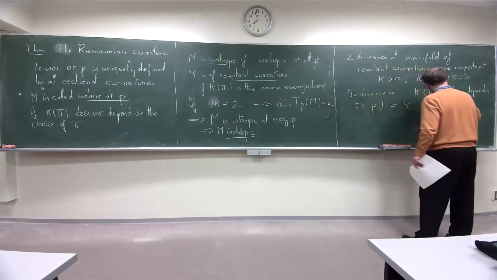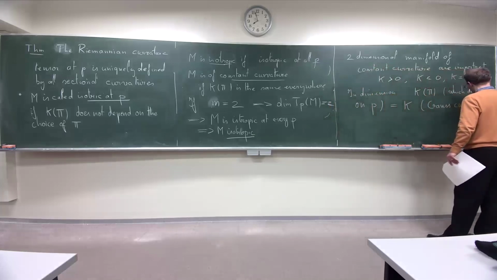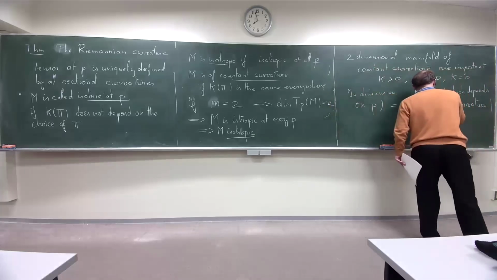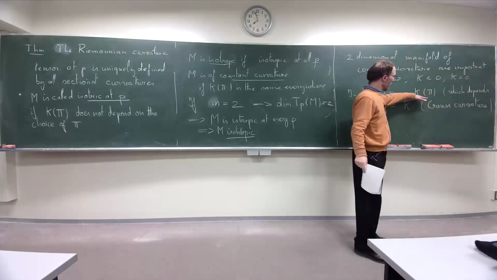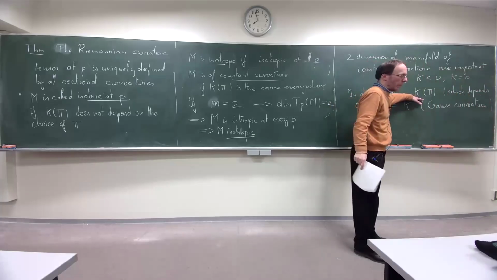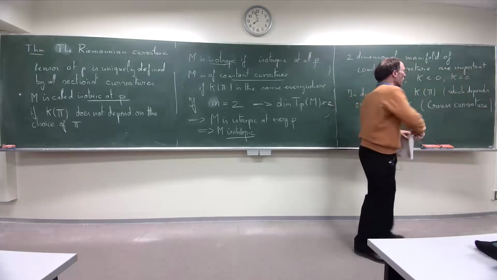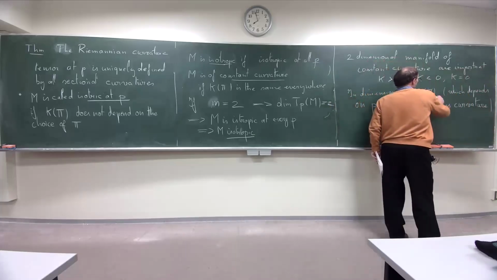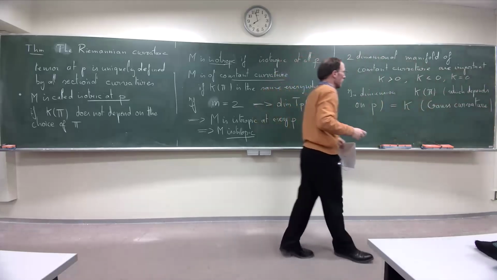I defined Gauss curvature before. You need to check that indeed the two definitions coincide. But it means we defined this in the general framework, arbitrary dimension. Now, if we are back to dimension 2, you can forget pi because you have only one subspace, the tangent space.